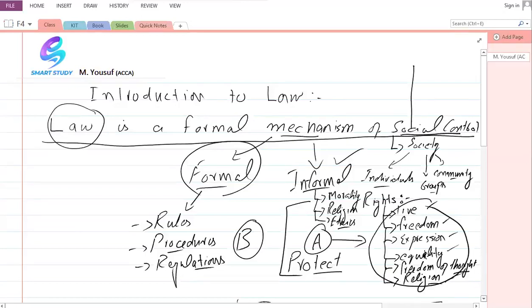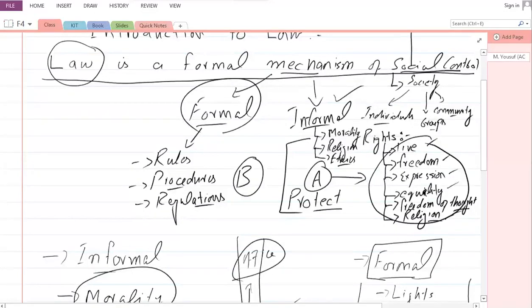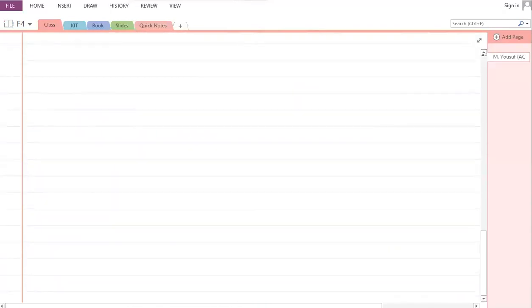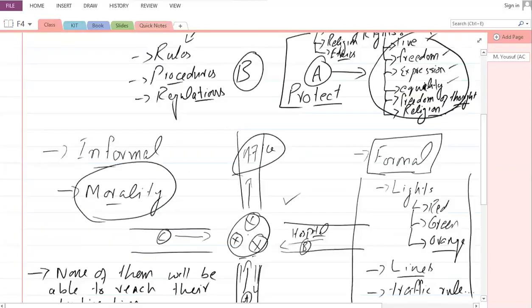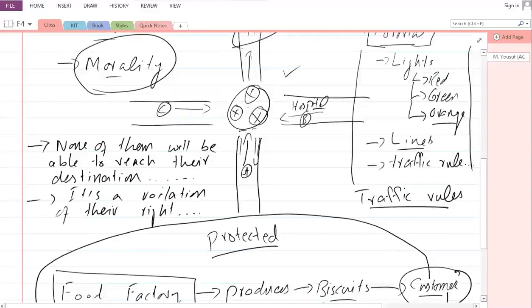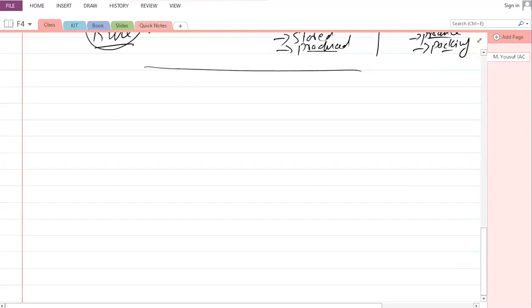So let's move forward to the next topic, a very important topic: sources of law.